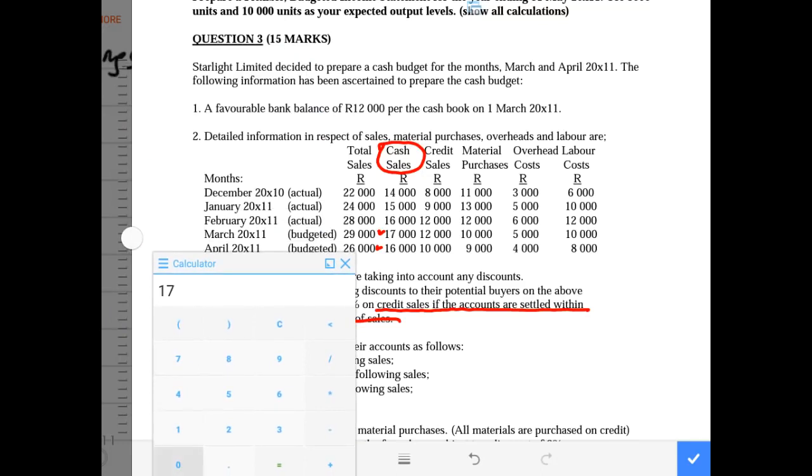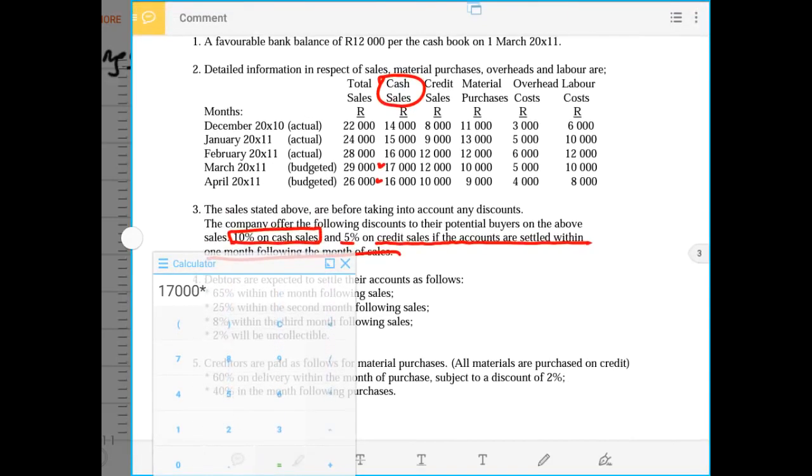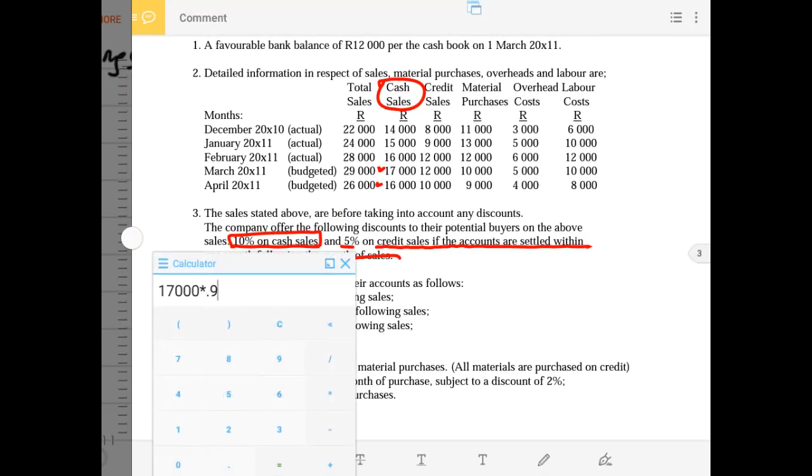Out of that 17,000, we know that 10% discount will be granted, so only 90% will be received. Then we multiply this by 90%, which gives us 15,300 rands, our cash sales money that would have been received.